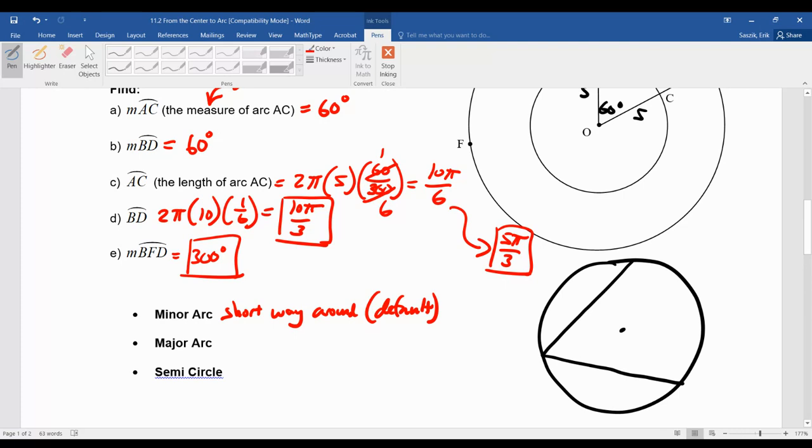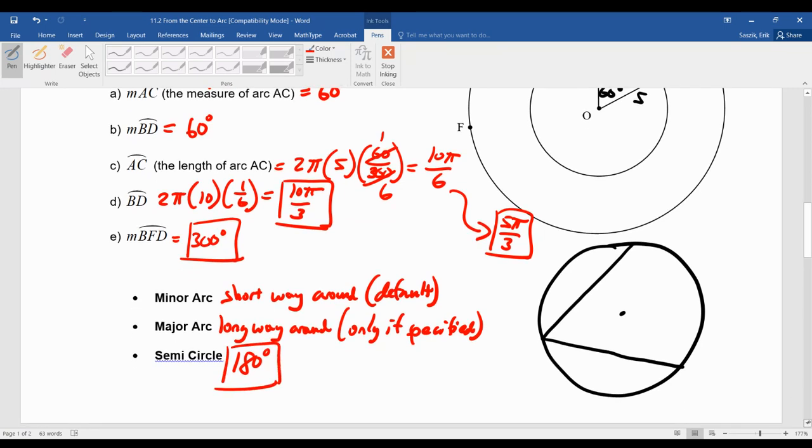Major arc, so you're only finding the major arc if you're specifically told major arc, or if you have this kind of notation like an E above. That's the long way around, and that's only if specified. Semicircle, of course, is 180 degrees. You guys know that.